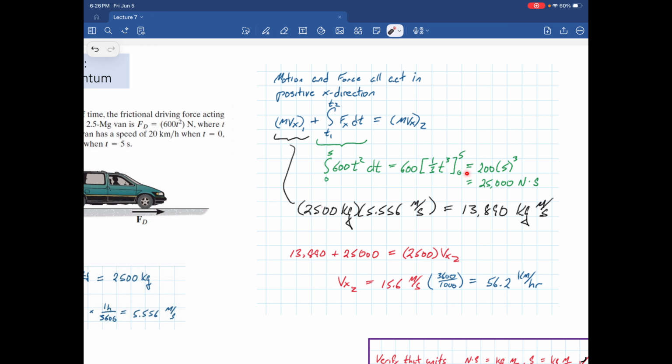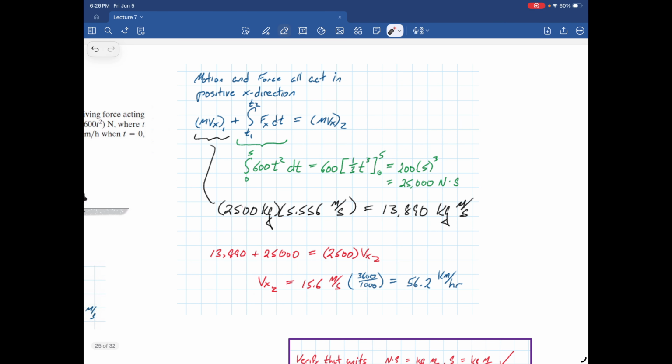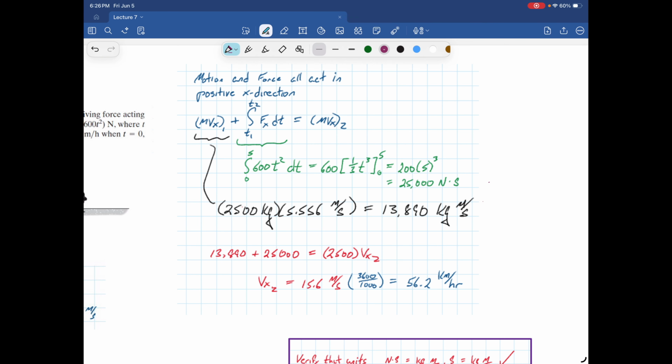So we need to make sure that these two units are the same. So what I want to do here is multiply this by seconds over seconds.